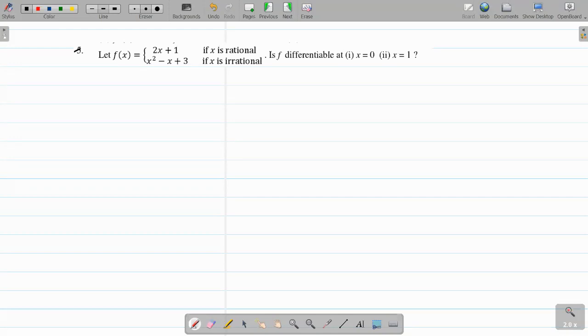But if it is asked in two parts, then what are the only points where it might be differentiable? Possible at intersection.